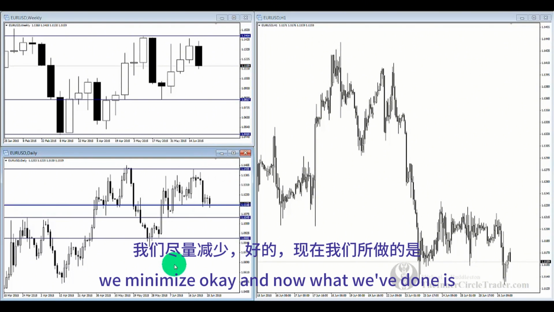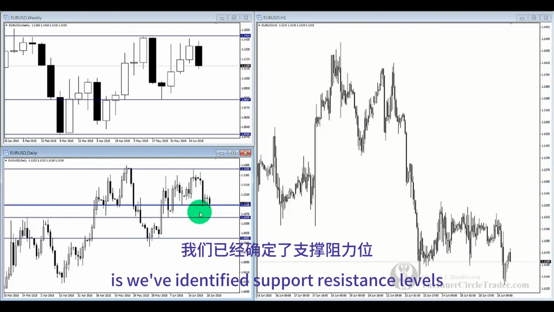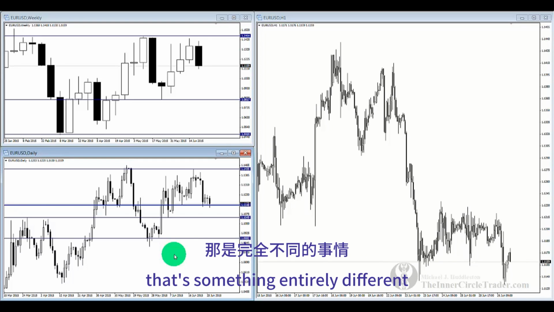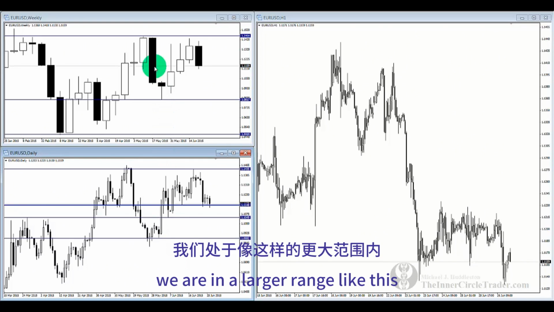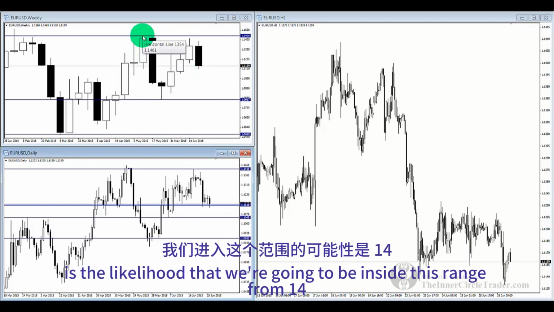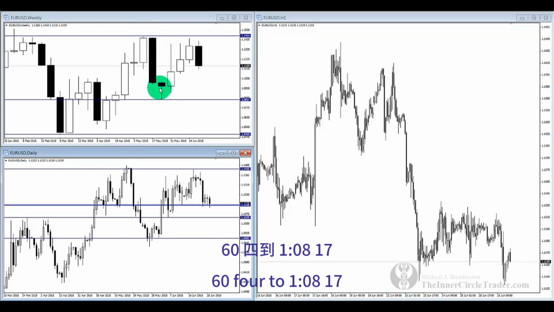Now what we've done is we've identified support and resistance levels. We have not identified order blocks. That's something entirely different. We're in a larger range like this. So what we're saying is the likelihood that we're going to be inside this range.